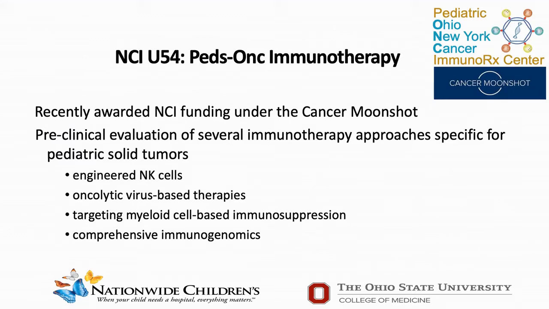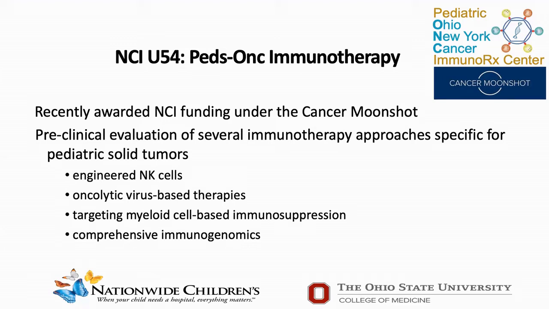Some of this work has gone successfully forward to gaining new funding for our group, as well as several other investigators here at our children's hospital. This recently awarded NCI funding under the Cancer Moonshot will now attempt, in the preclinical setting with mouse models, to evaluate different ways of impacting CNS tumors as well as sarcomas using different immune modalities, such as shown here: natural killer cells, oncolytic viruses, targeting myeloid cell-based immunosuppression.